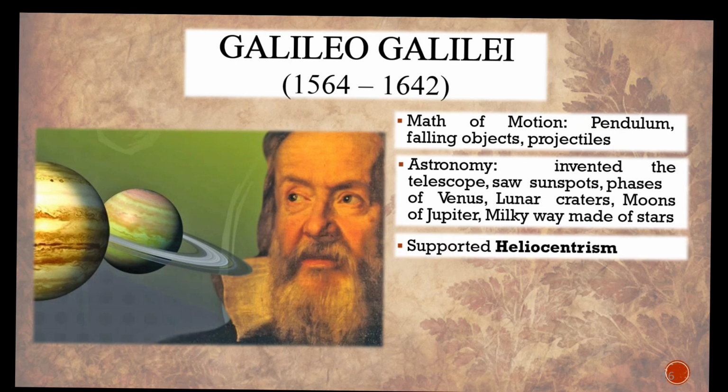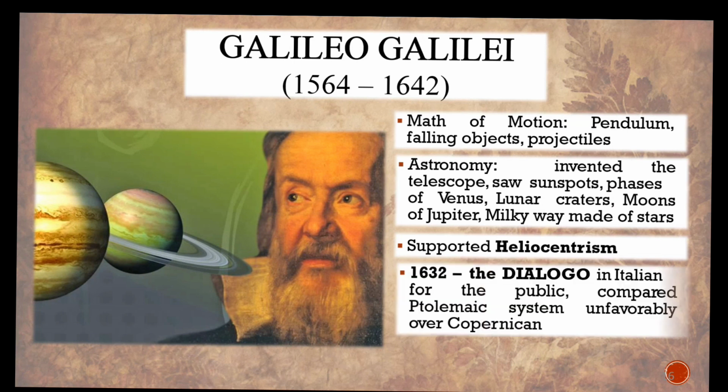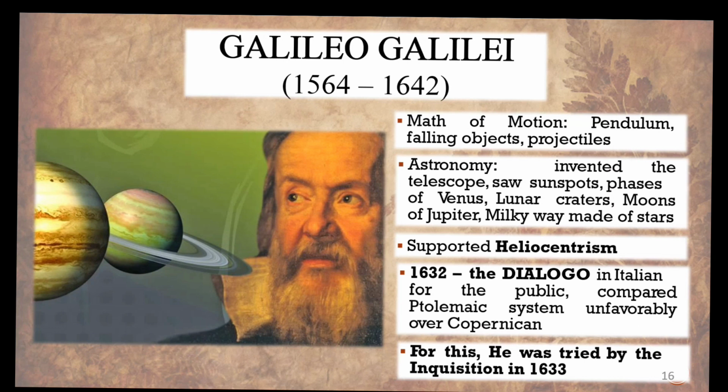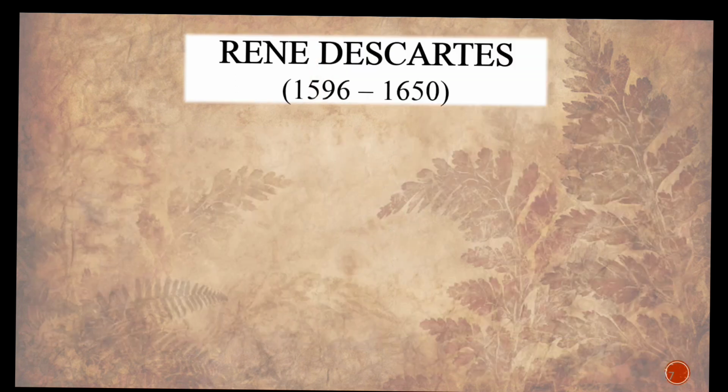He supported heliocentrism. And he has a work which is the Dialogo, which compared the Ptolemaic system unfavorably to the Copernican. Because of this, he was tried by the Inquisition in 1633 because of his work, the Dialogo.